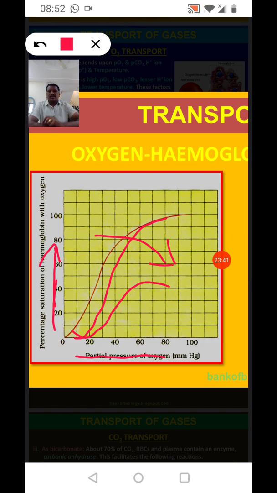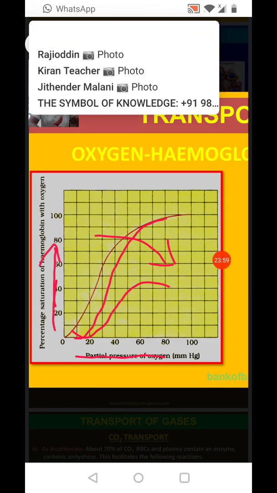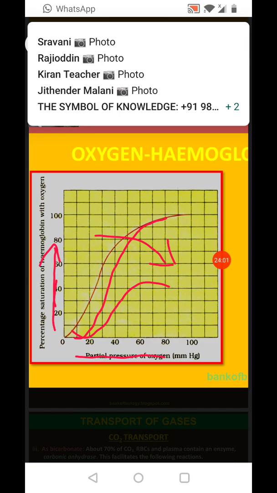So this phenomenon is known as Bohr effect. Understood? In simple language, the effect of carbon dioxide on saturation of hemoglobin is called Bohr effect.